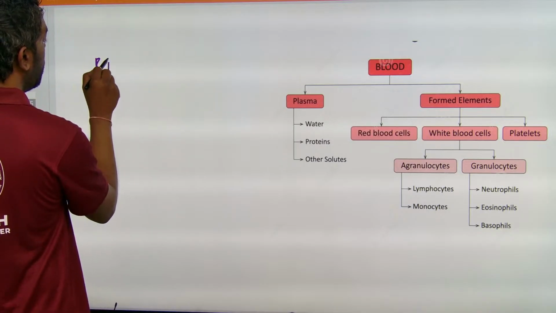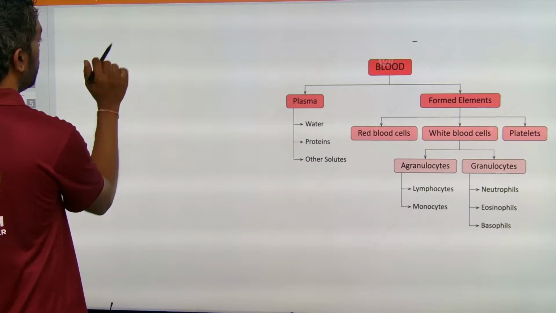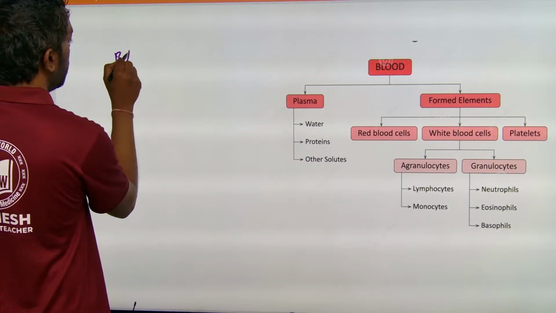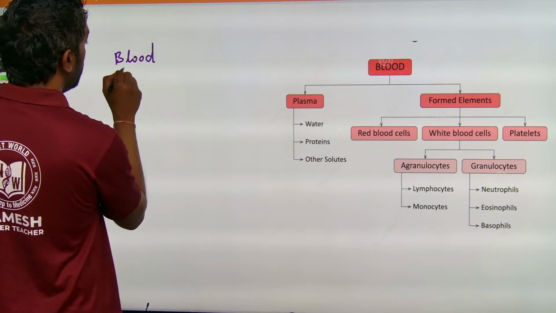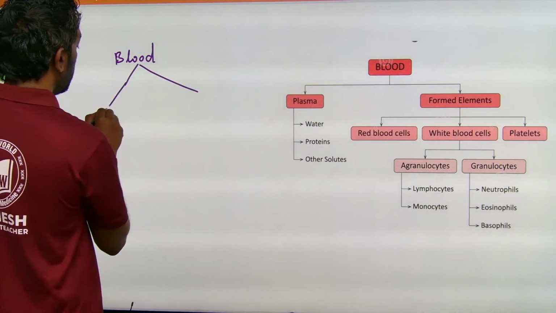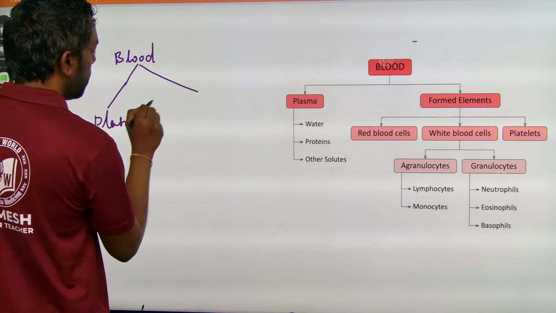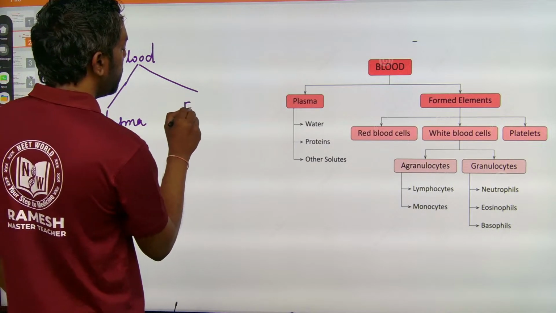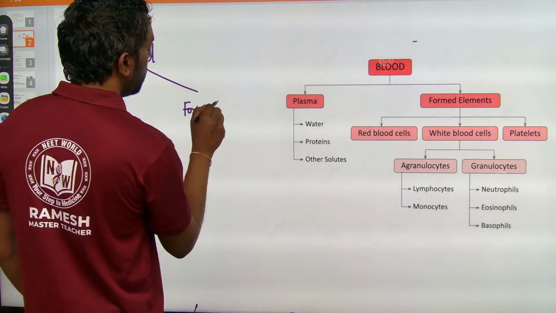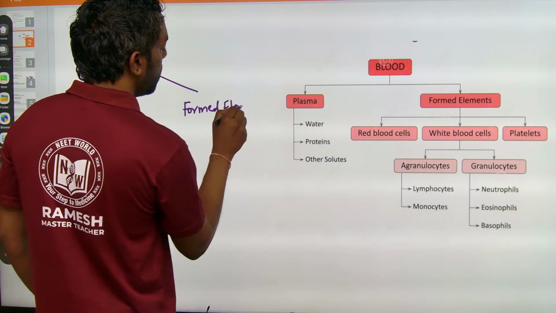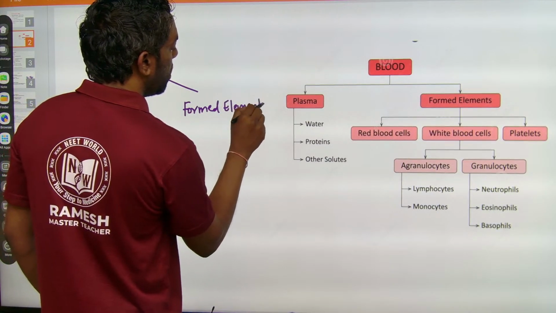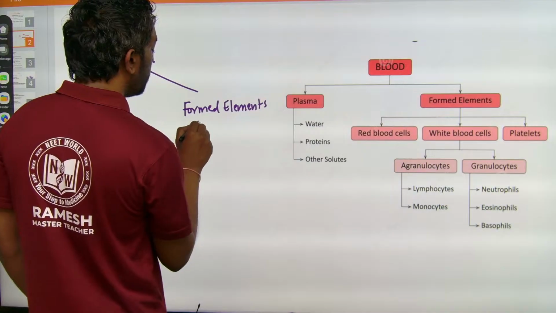Formed elements are nothing but the blood cells.